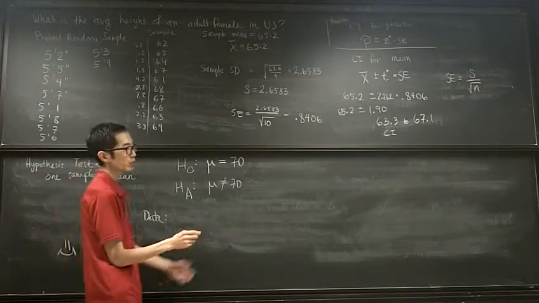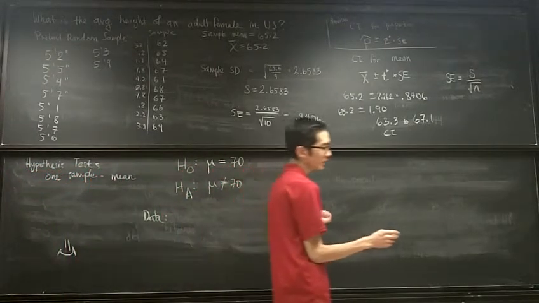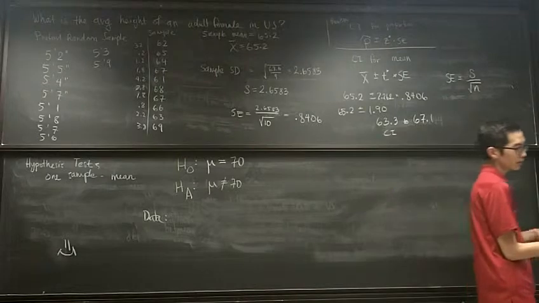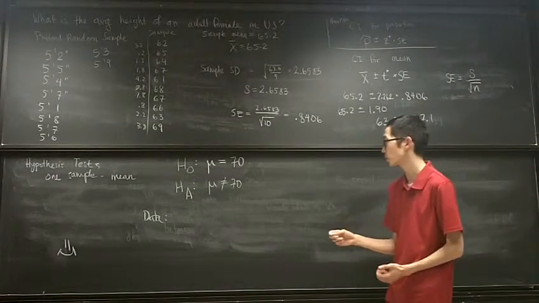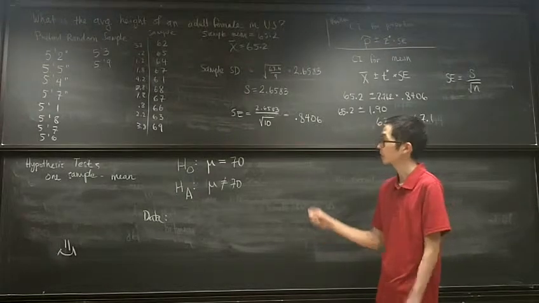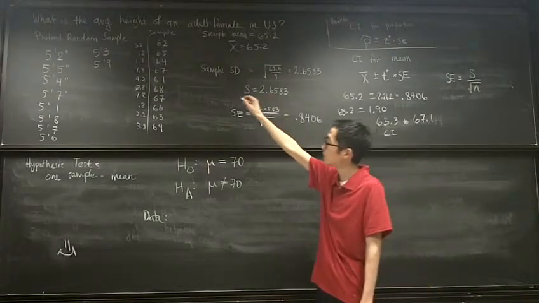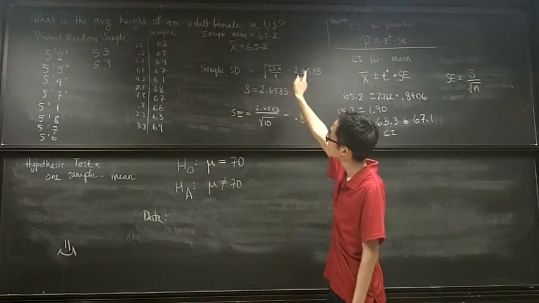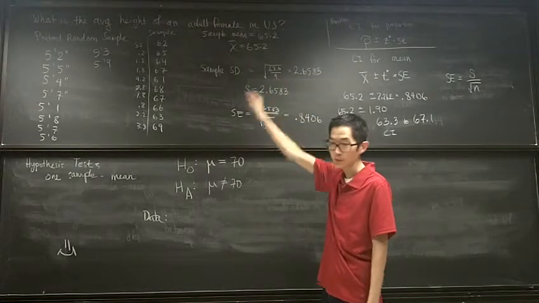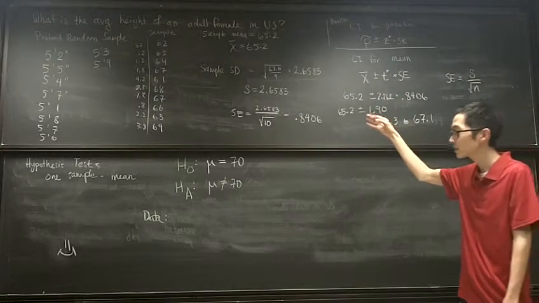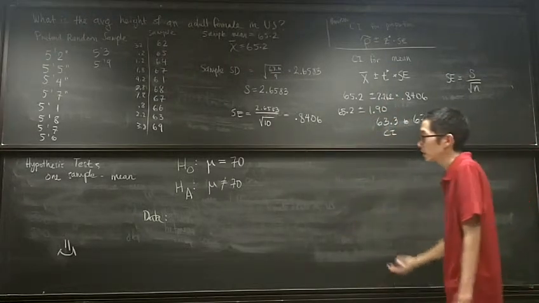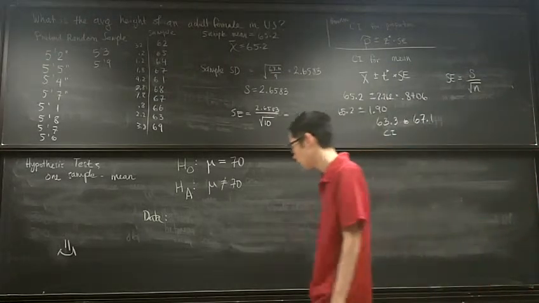When we're dealing with a sample of data for a mean, what summary statistics will we have? You could think back to when we were talking about females in the United States. We had an x bar, we had an s, and there was also an n. The same type of information exists here.